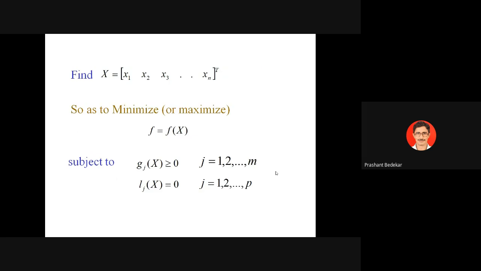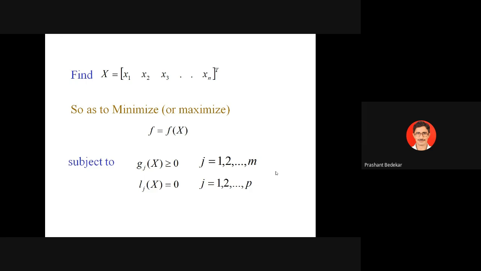it is written as find capital X, which is representing the design vector, equal to x1, x2, x3 up to xn, that is n number of design variables, so as to minimize f(x). It may be maximized depending upon what that function is representing.